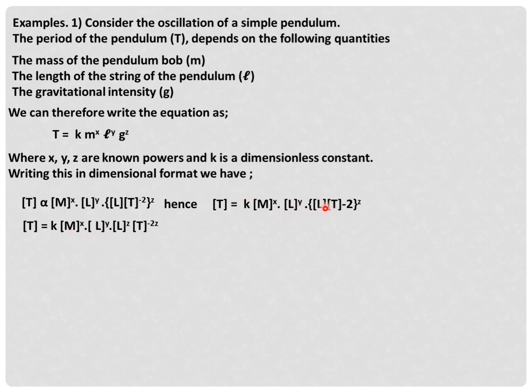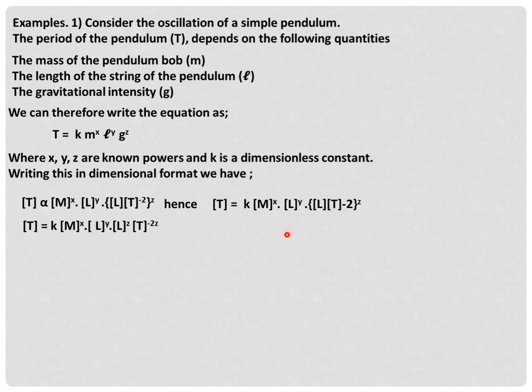Now this L is raised to the power Z. We have L raised to the power Z. And this T is raised to the power minus 2, all raised to the power Z. So we will have T raised to the power minus 2Z. Remember indices. Yeah, we are actually looking at indices now.